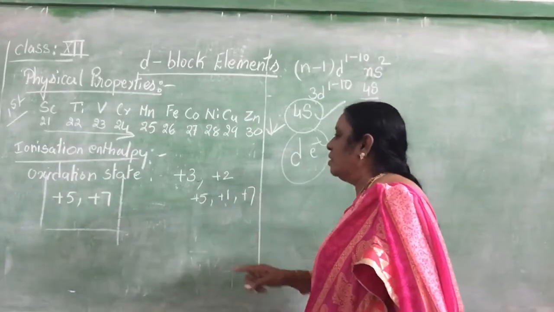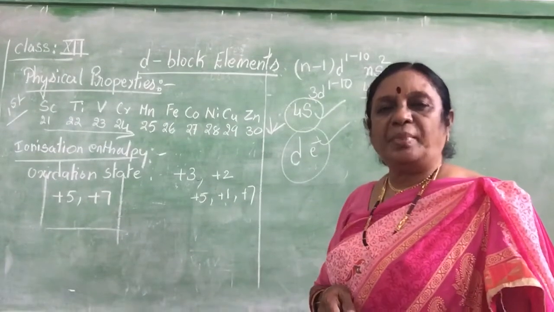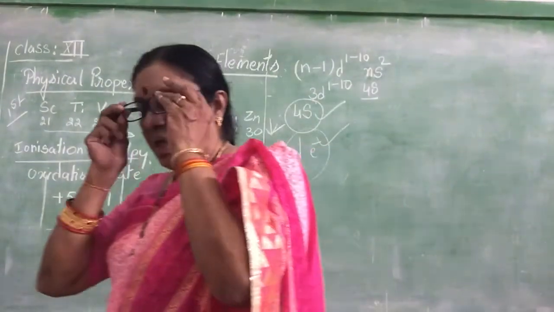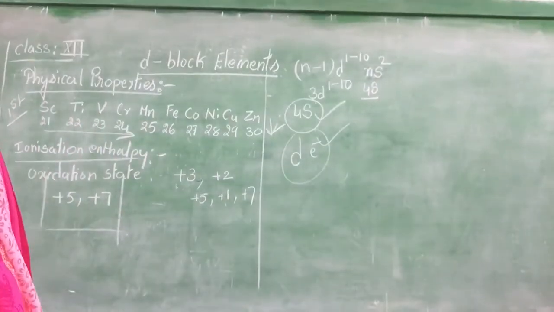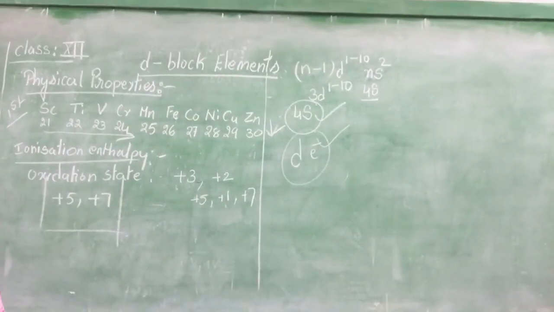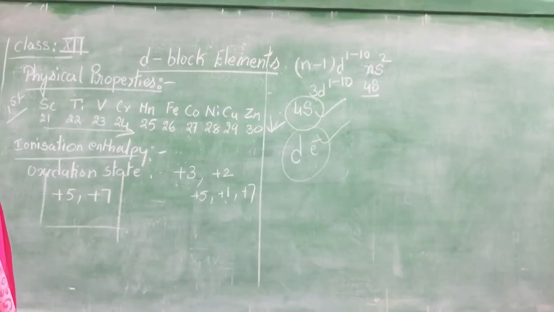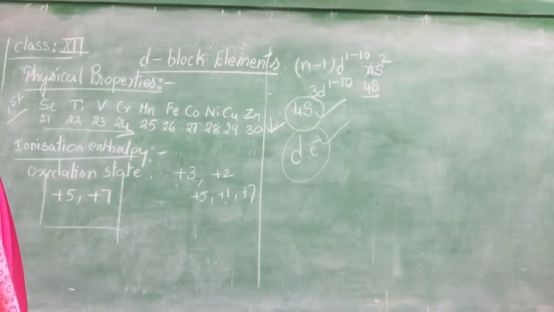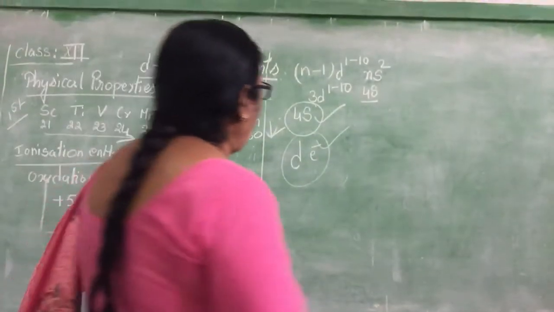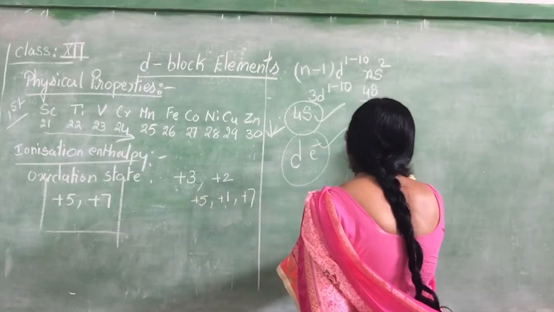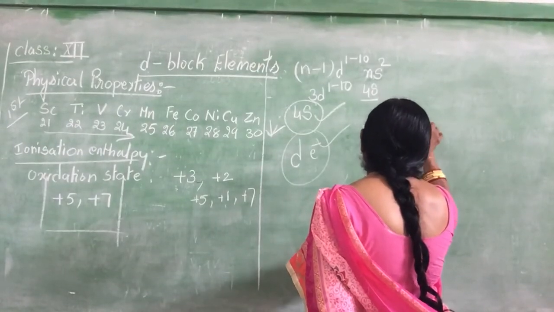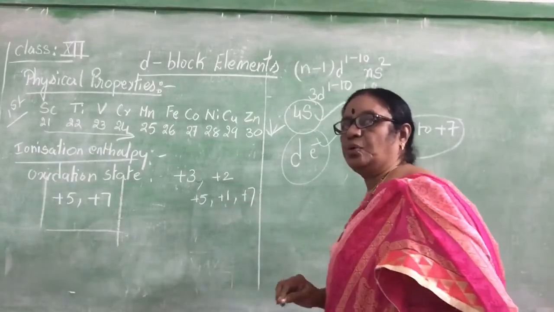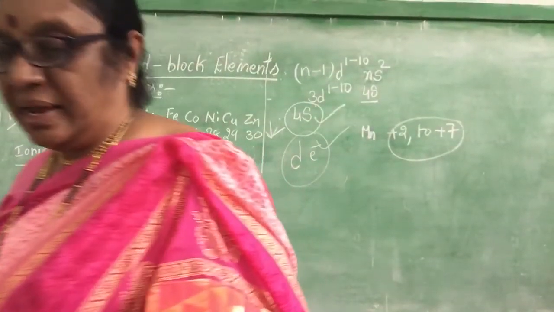So the higher oxidation state is mainly due to the formation of covalent bonds, and the lower oxidation state is due to the formation of ionic bonds. The element with the greatest number of oxidation states occurs in the middle of the series. Manganese, for example, exhibits all the oxidation states starting from +2 to +7.